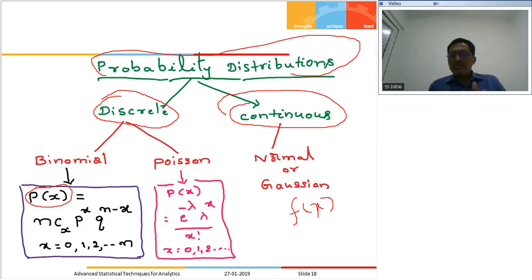Probability distributions depend on how p of x is defined, with names like binomial and Poisson distributions, which come under discrete. In case of continuous, we have the most popular distribution, which is the normal distribution or Gaussian distribution.